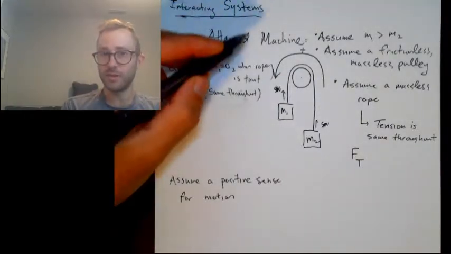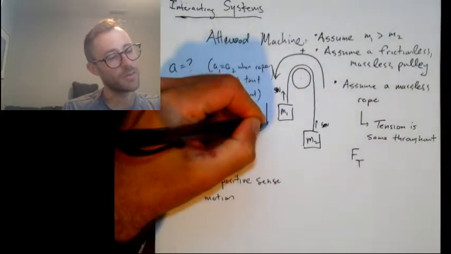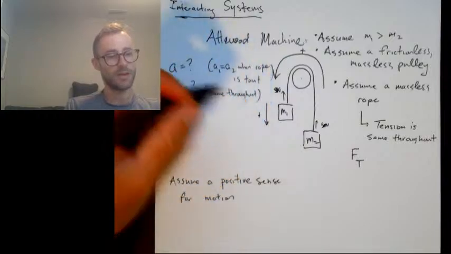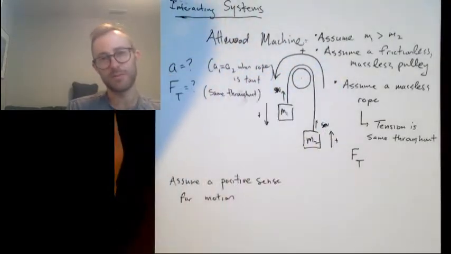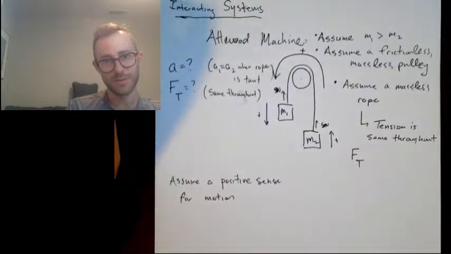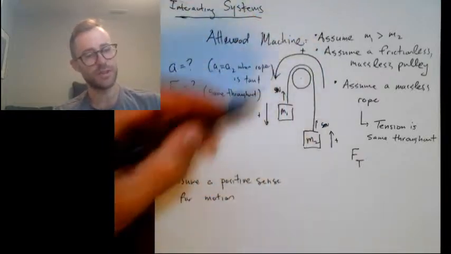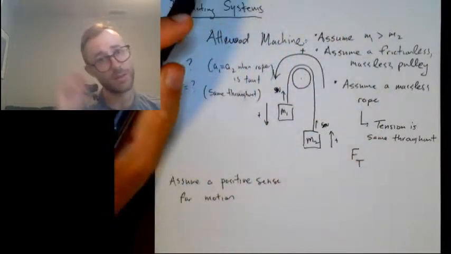This makes things a little bit confusing, because downward is going to be positive for M1, but upward is going to be positive for M2. You see how that works? Because I've chosen this sense to be positive.